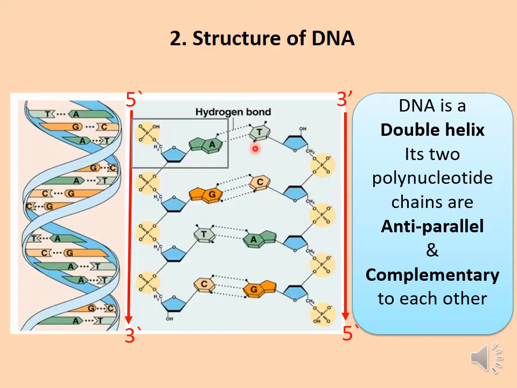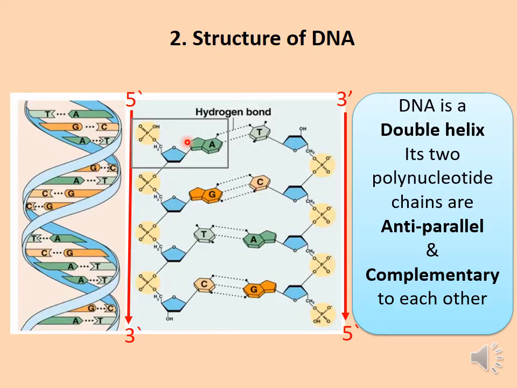Adenine always pairs with thymine with 2 hydrogen bonds, and guanine always pairs with cytosine with 3 hydrogen bonds. Therefore, adenine is said to be complementary to thymine and guanine is said to be complementary to cytosine.